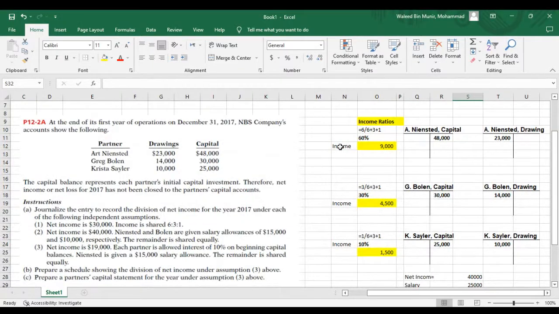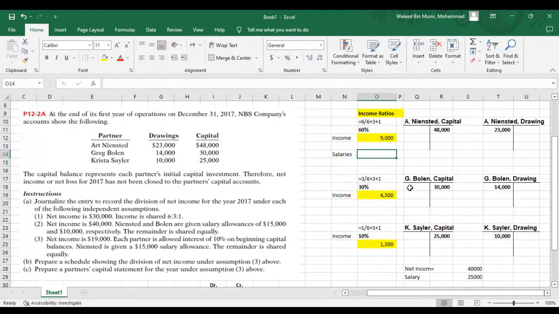Remember, they are going to get not only the ratio, but they are going to get salaries as well, right? So what are the salaries for each one? I just want to show you as a calculation. This one is going to get 15,000, the first one, right?